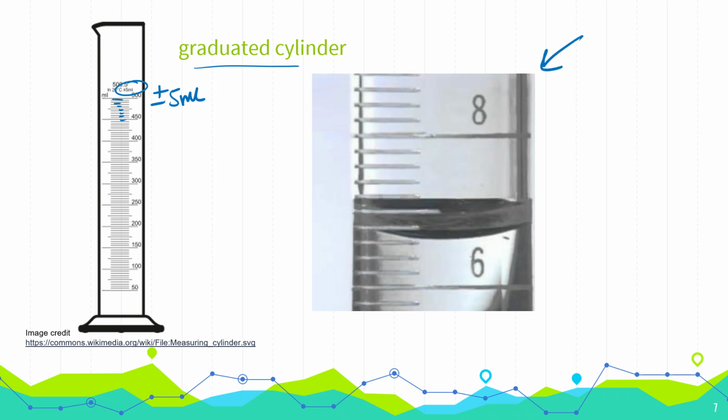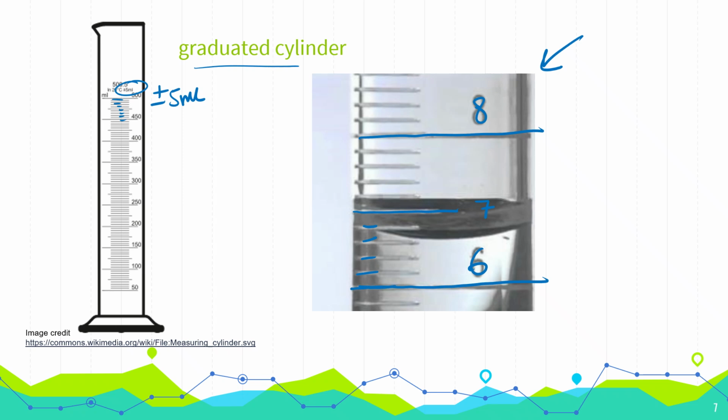What about this graduated cylinder? I know you can't tell if there's a label or not because I zoomed in. Let's pretend like there's not a label. We're going to have to figure it out on our own. So here we have the line for 6 milliliters, and here we have the line that is labeled 8. Halfway between 6 and 8 must be 7. I notice that there's 1, 2, 3, 4 lines between 6 and 7, which means that each of the spaces has a value of 0.2 milliliters.